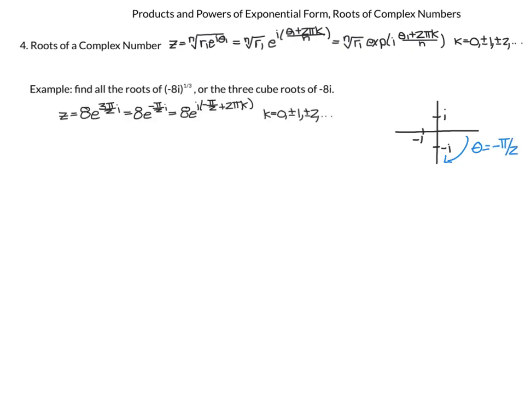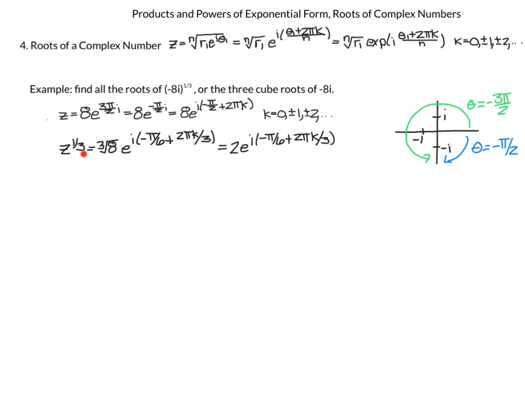You could have expressed this as 3 pi over 2 if you went the normal positive direction, but because I want to use the principal argument, I'm going to use negative pi over 2. So what we have is 8e to the minus pi over 2 i. And I want to remember I can add any multiple of 2 pi, and I have still the same angle, still the same number.